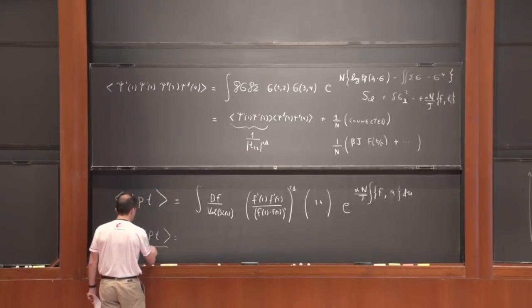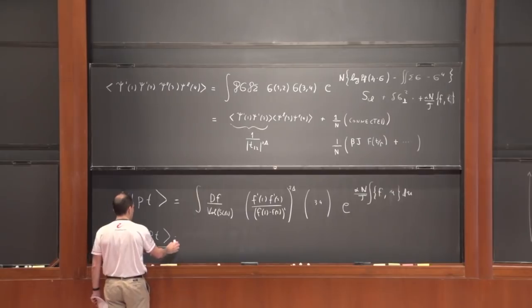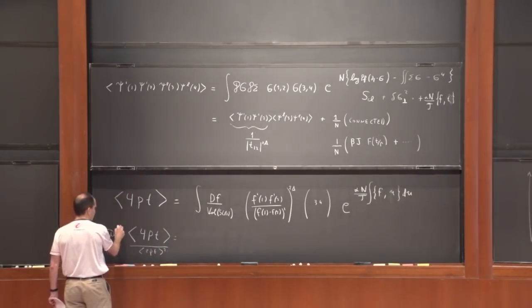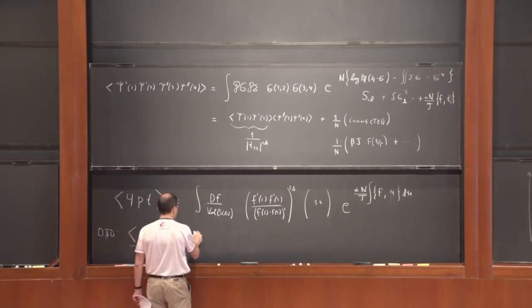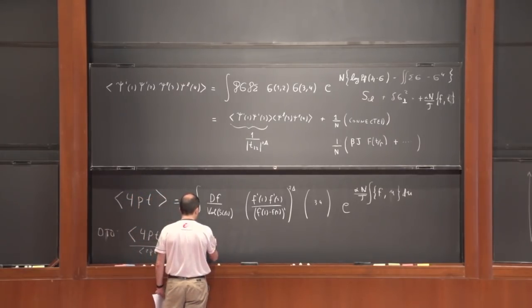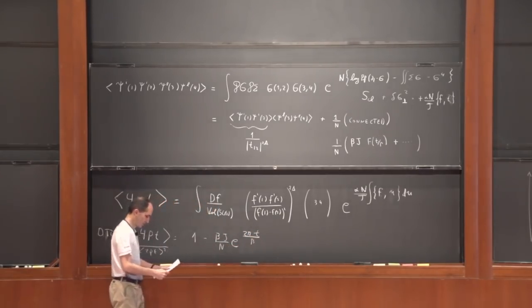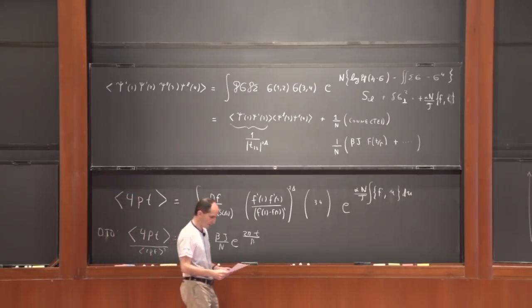So this 4-point function divided by the 2-point function, sort of the out-of-time order correlator, will have the form 1 minus beta j over n times this e to the 2 pi t over beta, right? So the growing term that Douglas discussed.